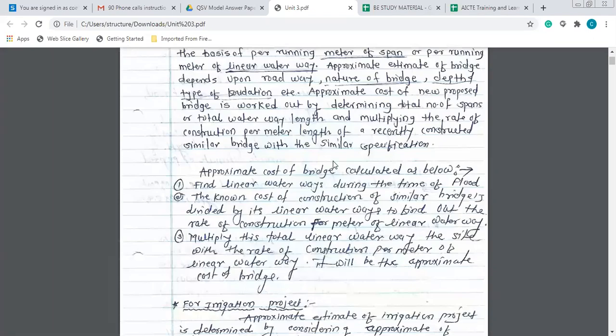Then, as far as the steps for the approximate estimate of bridges are considered, we will find the linear waterway during the time of the flood.